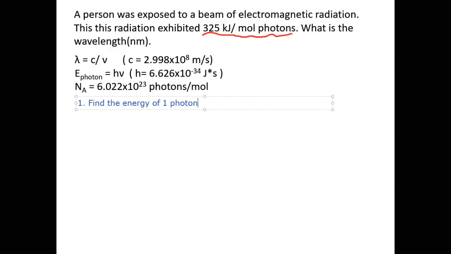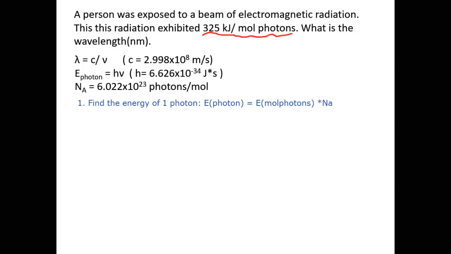And so to find the energy of a photon, it's equal to the energy of a mole of photons times Avogadro's number. So if you know Avogadro's number, you know what's the energy of a mole of photons, you can find the energy of one photon.